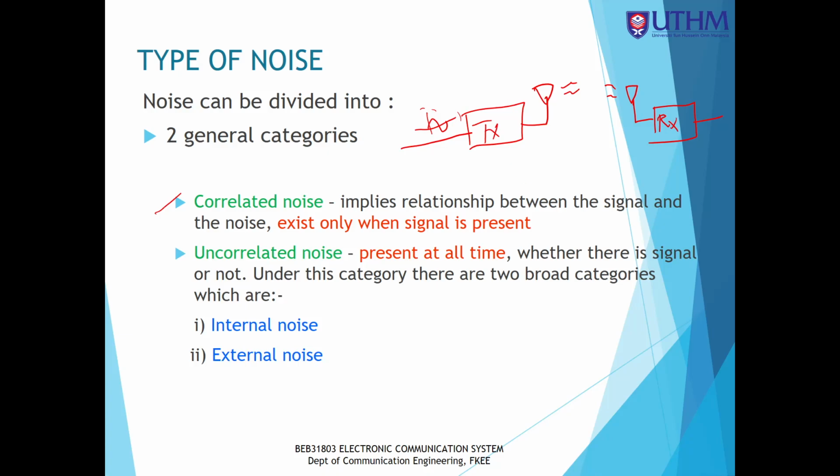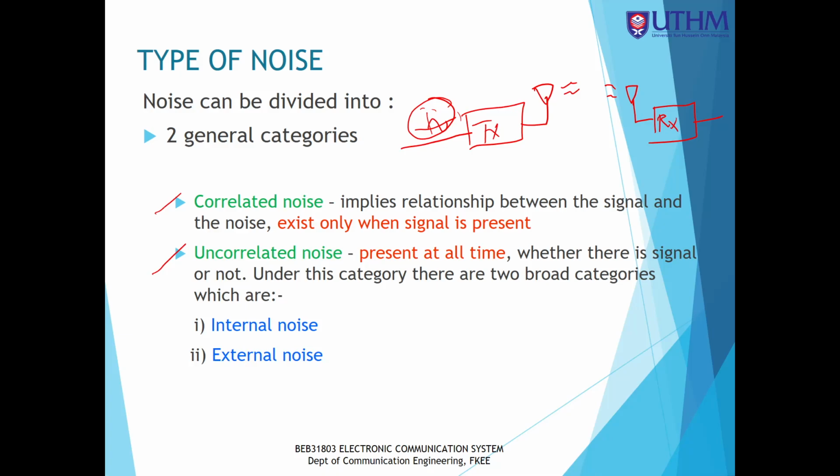Uncorrelated noise is present at all times, whether there is a signal or not. Under this category, there are two broad categories, which are internal and external noise. That means uncorrelated noise exists at all times, regardless of whether there is an input signal or not.